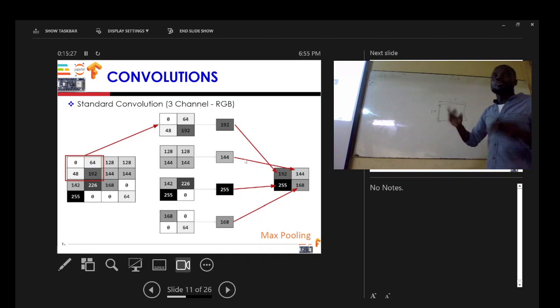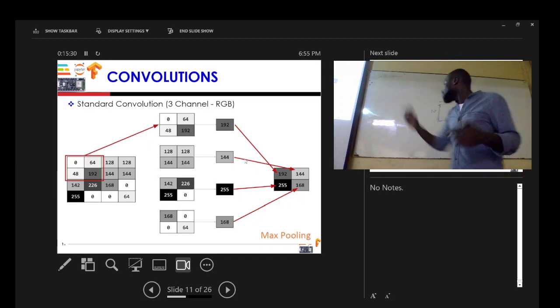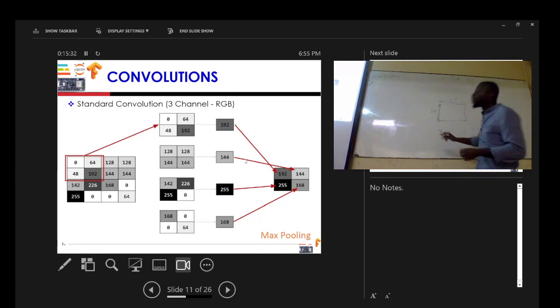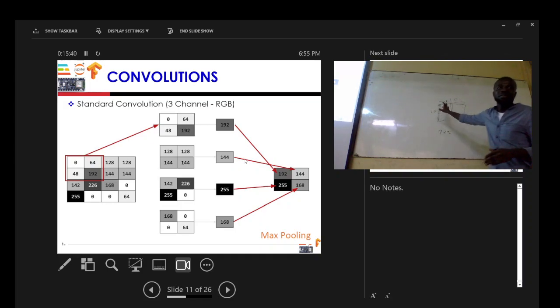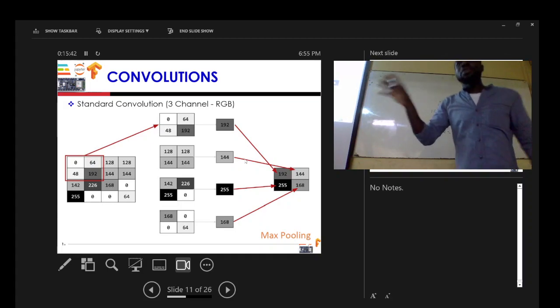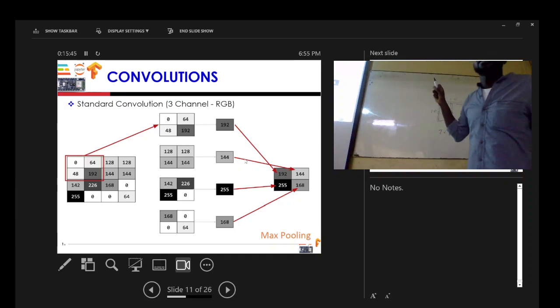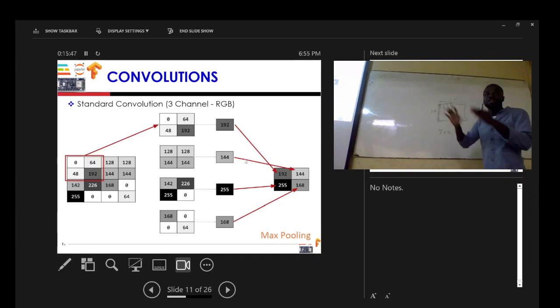If I say max pool by two by two, it will go into the image and take this two by two portion of the image, and then look for the highest value and pick only that one. It will form a completely different image. So you take this one, pick the highest one, and place it here. Then move again, take another two by two, and place it here.